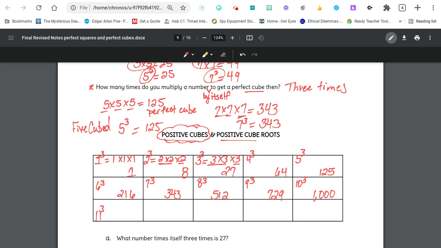11 cubed produces the perfect cube, 1331. 12 cubed produces the perfect cube, 1728. 13 cubed produces 2197. 14 cubed produces 2744.